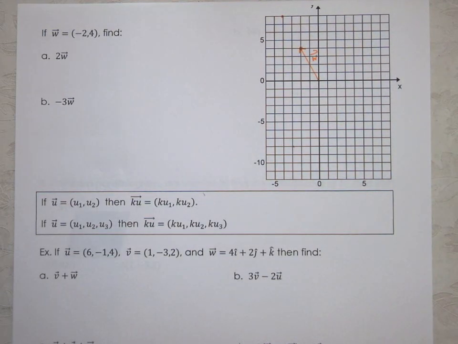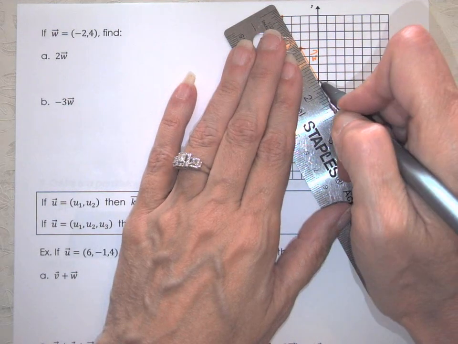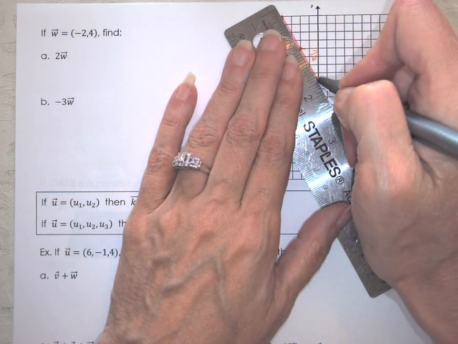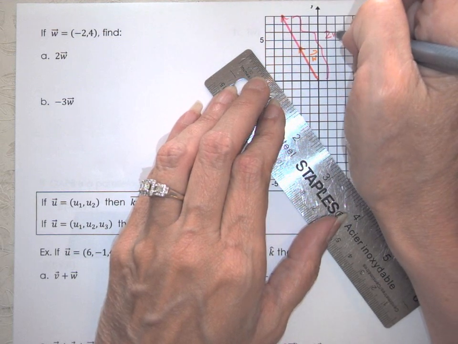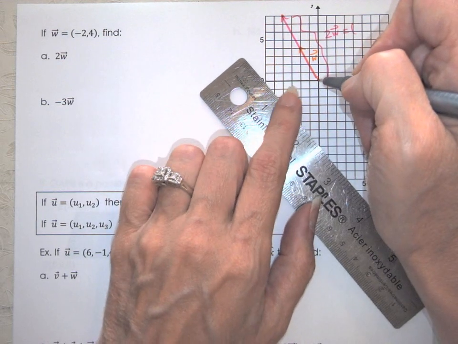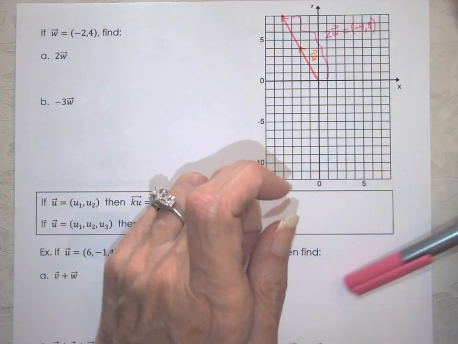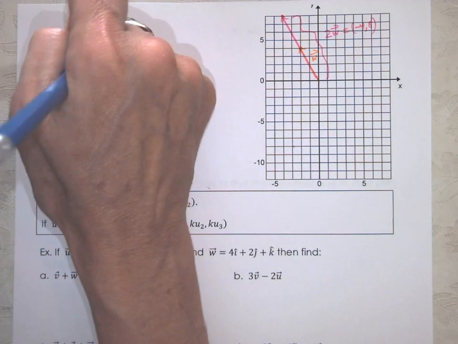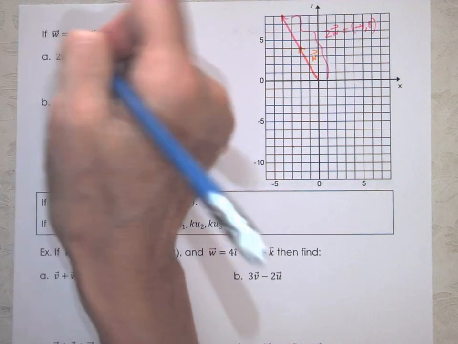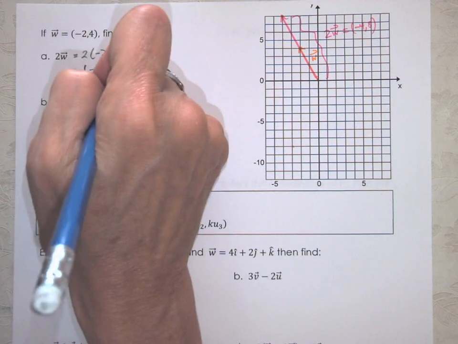And then I'll use a different color here. So from 0, 0 to the tip here in pink, this whole vector here is vector 2w, and we can see that it's got components -4, 8, but we can see, because they're algebraic vectors, it's the same thing as 2 times vector w if you just think about being able to distribute or multiply the x component by 2 and the y component by 2.